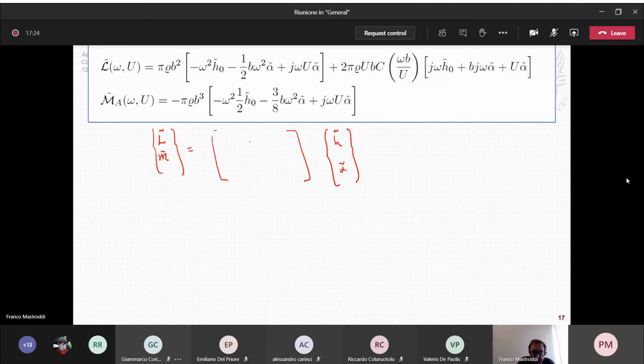Here we have a 2x2 dimensional matrix, which has 1, 2, 3, 4 terms. We could call these terms E_Lh, E_Lalpha, E_Mh, and E_Malpha. And what do these elements represent?